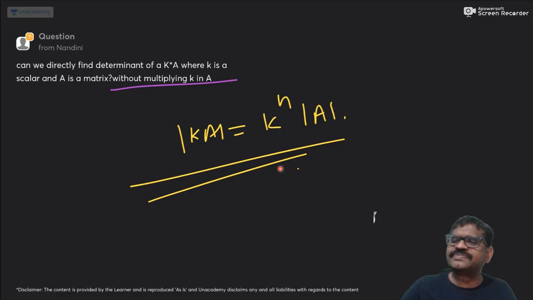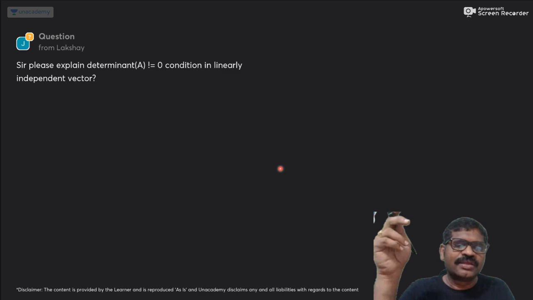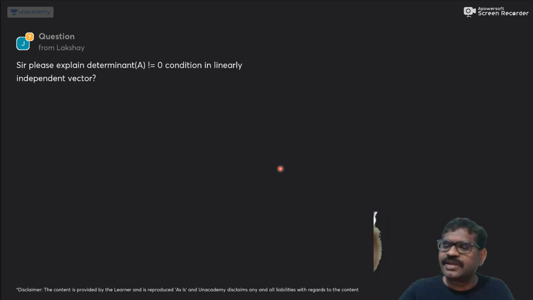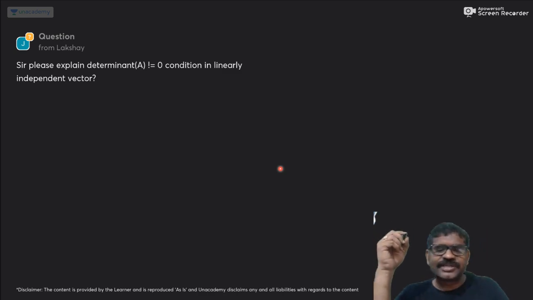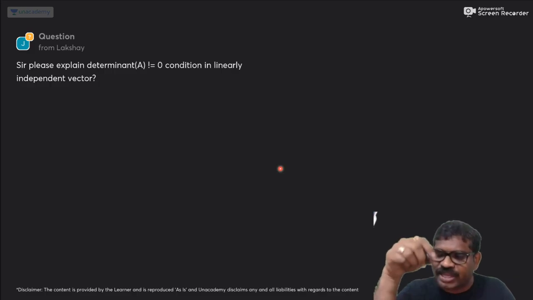Next. Please explain: if the determinant of A is 0, is the condition linearly independent vectors? Laksh, if the determinant is 0, I never said linearly independent vectors. If the determinant is non-zero, then the vectors are linearly independent.